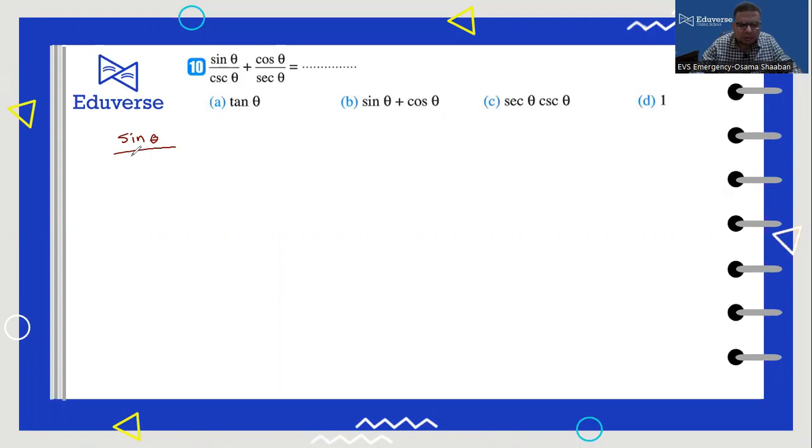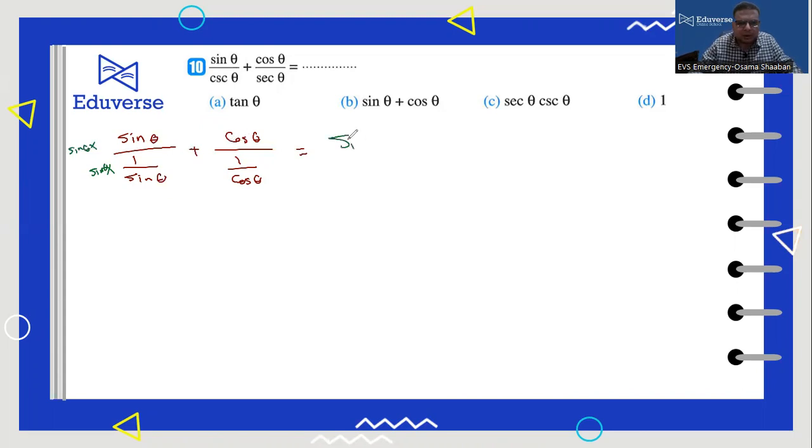You know cosec theta equals 1 over sine theta, plus cosine theta over sec theta, that means 1 over cosine theta. We can multiply up and down by sine theta here, and here also multiply by sine theta.